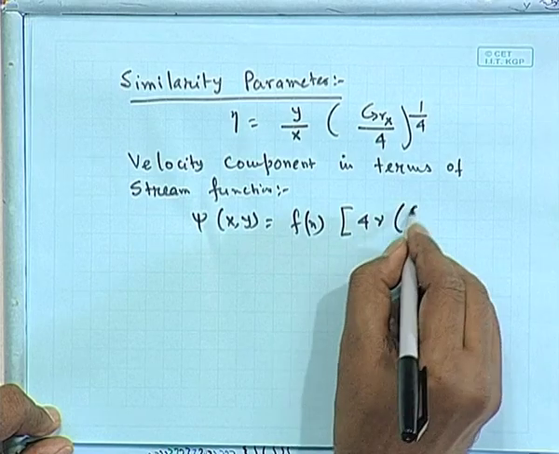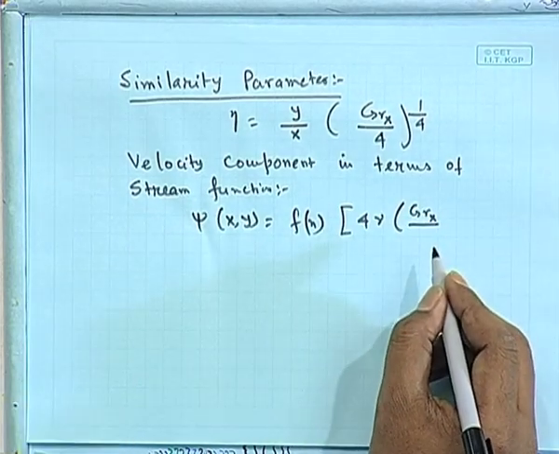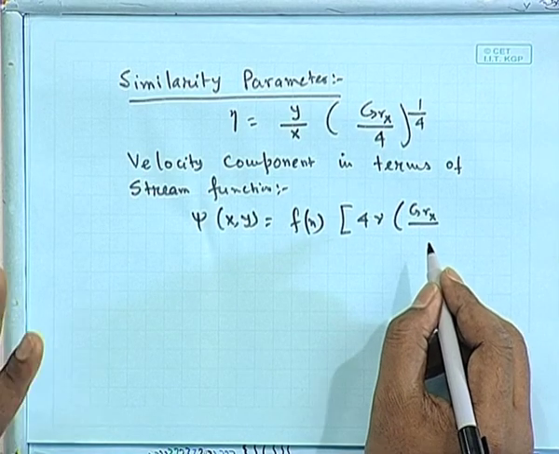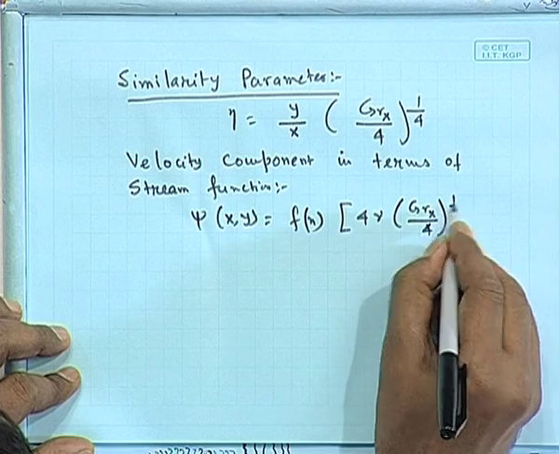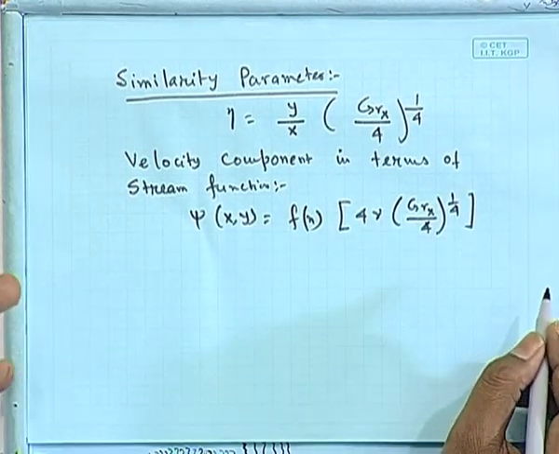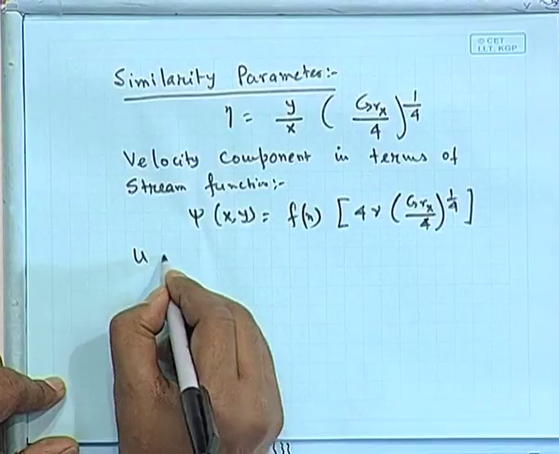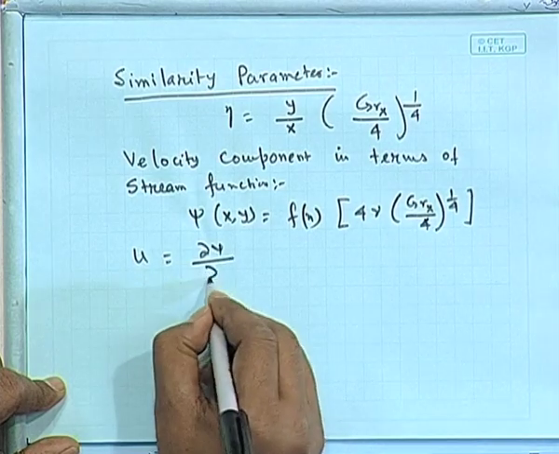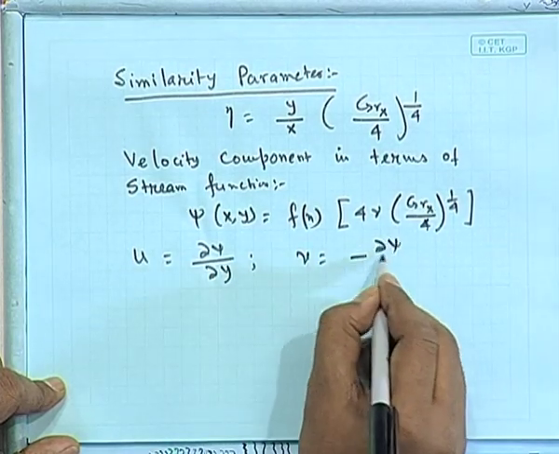Again, I am not going into detailed derivation because my intention is to show how the Nusselt number varies with the Grashof number in its functional form, raised to the power what. But all these can be derived. Okay. You can look at an advanced book, Kays and Crawford or some advanced book, all the derivations are there. So, we define u as del psi del y and v as minus del psi del x.